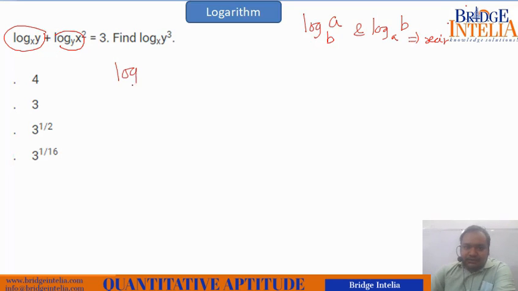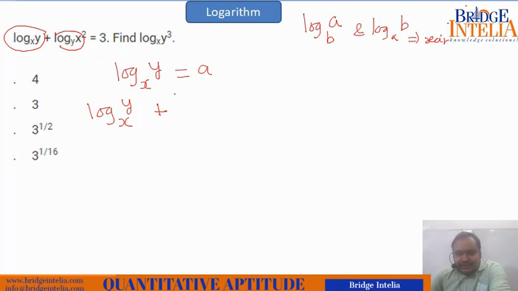So what to do? You can simply assume log y to the base x to be equal to a. So the information given to us transforms. It becomes log y to the base x plus, this can be rewritten as 1 by log y of x square. This is given to us as 3.